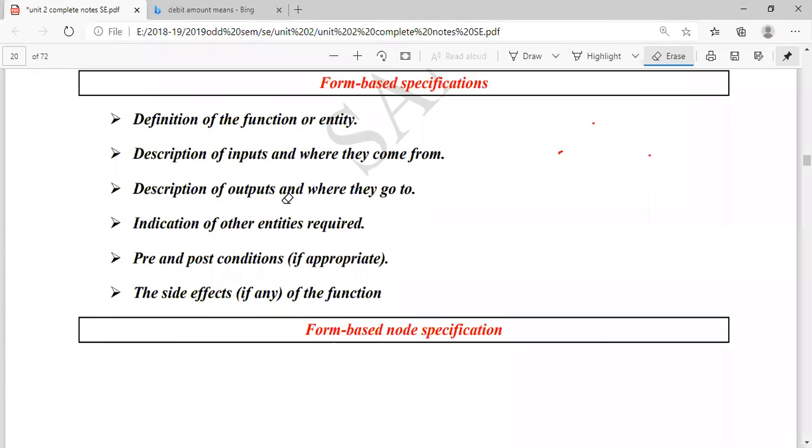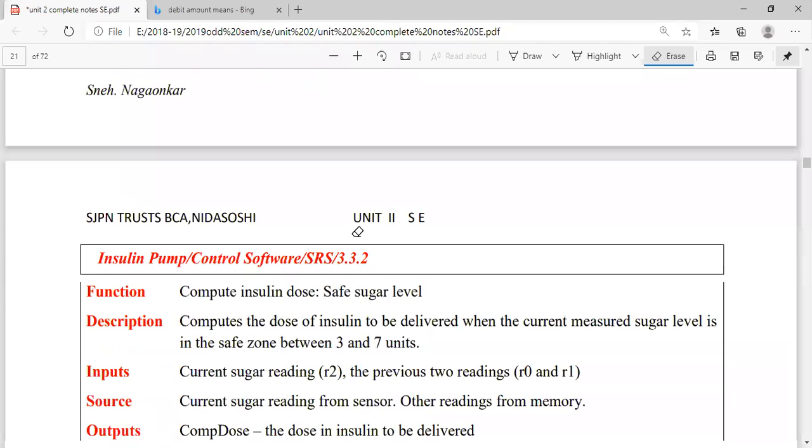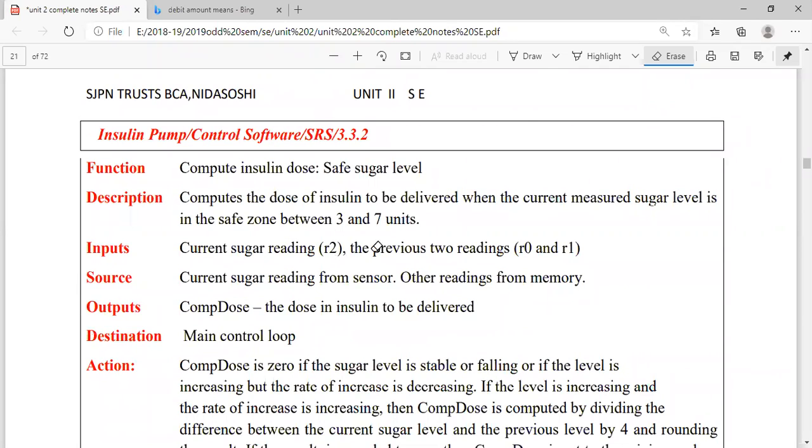All right. So we will see one example of form-based specification, how these are written. We have seen one software, that is insulin pump control. Hardware is there, and that hardware is going to calculate your blood sugar level. Depending on the blood sugar level, the microcontroller has to calculate the dose, and then that is given to the patient.